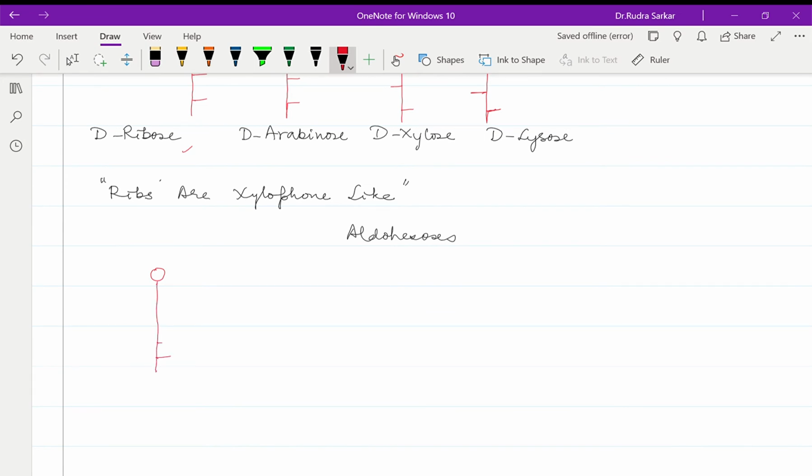So this is your ribose, one OH group. If you add, okay, so this becomes a 6 carbon molecule, and this is called D-allose.